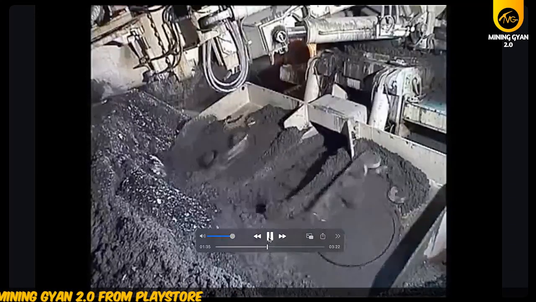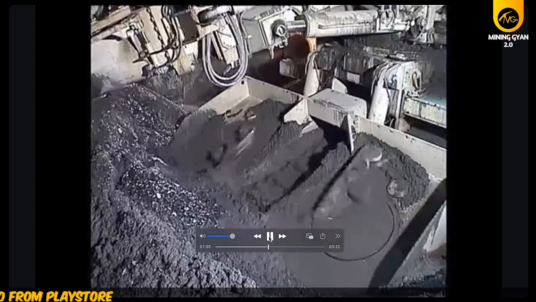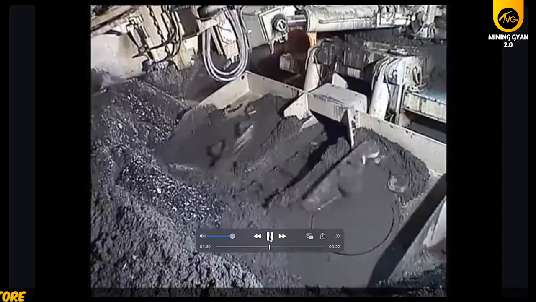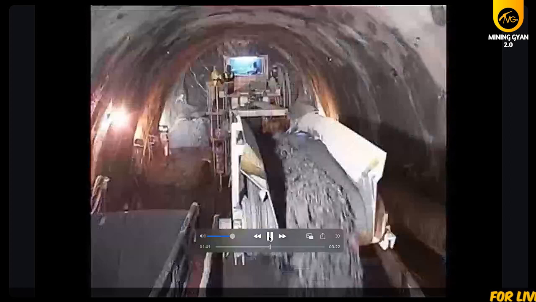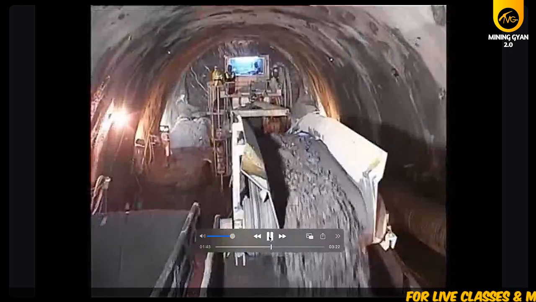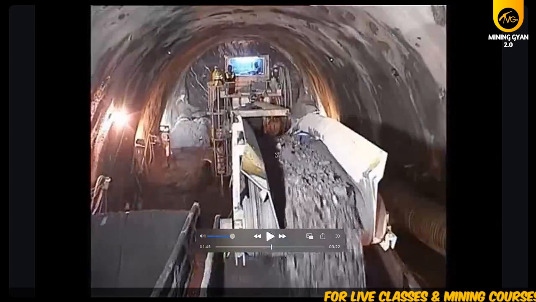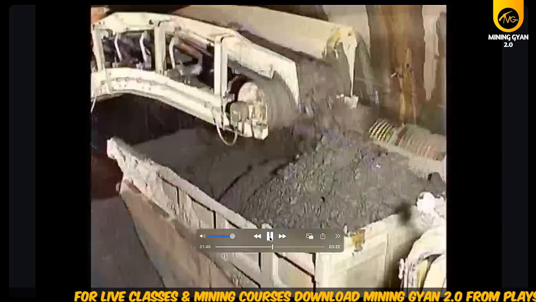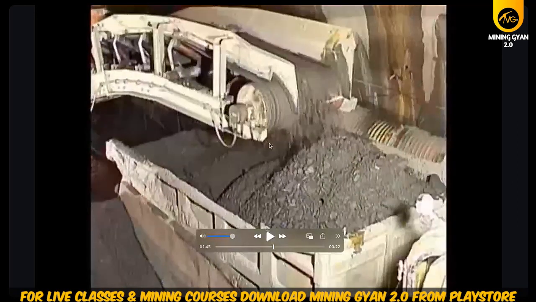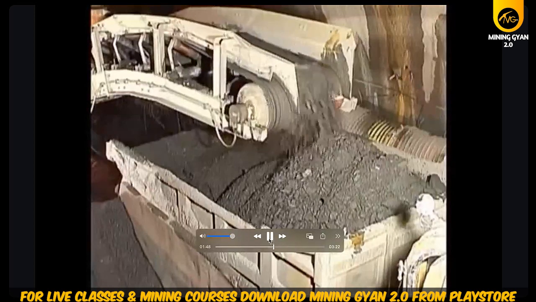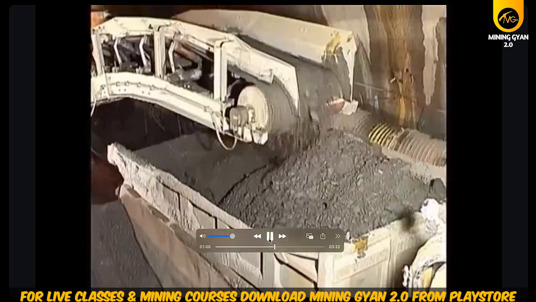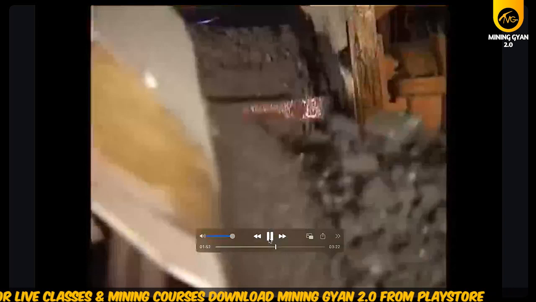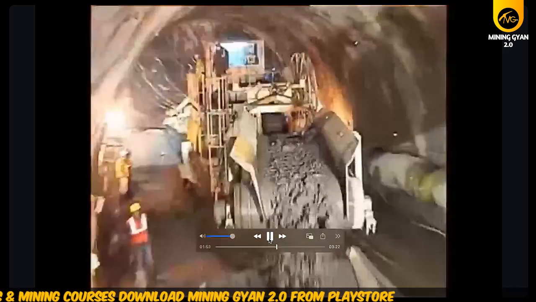Push the muck onto the chain conveyor, which carries it to the back onto the belt conveyor. Belt conveyor जो होता है, this will adjust according to the situation and it will directly dump in your dumper. The adjustable nature of the belt conveyor makes it possible to drop muck.